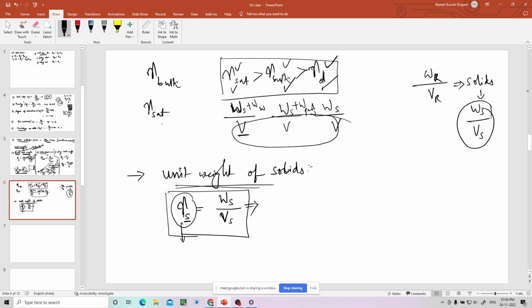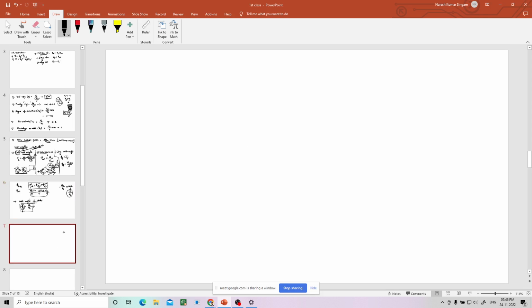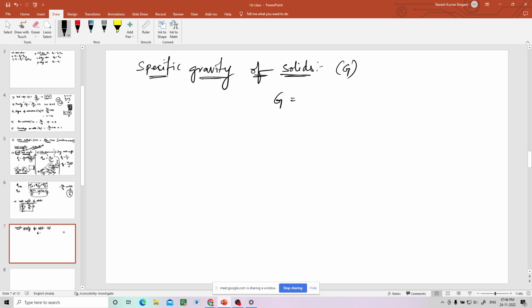Okay, and another one, the major thing, is specific gravity of solids. That is denoted by G. G is written as, solids means you have to take the unit weight of the solids and unit weight of the water.